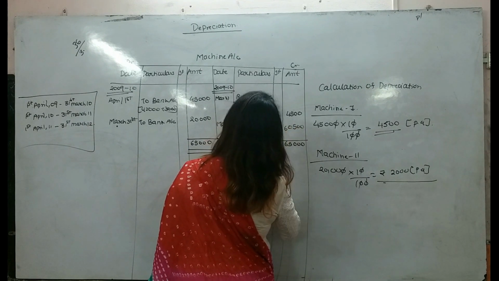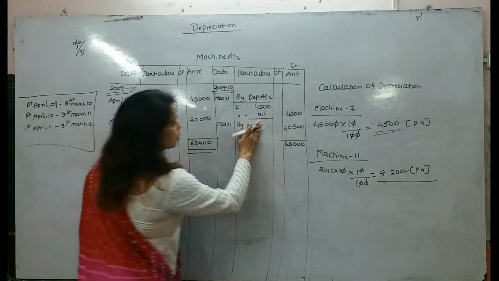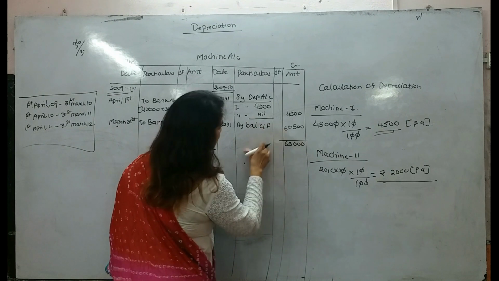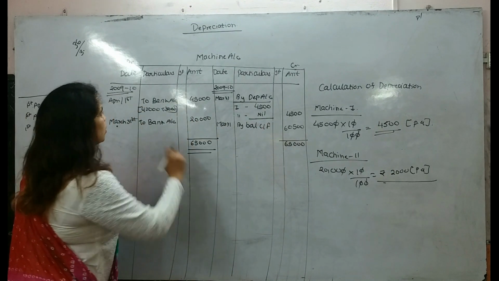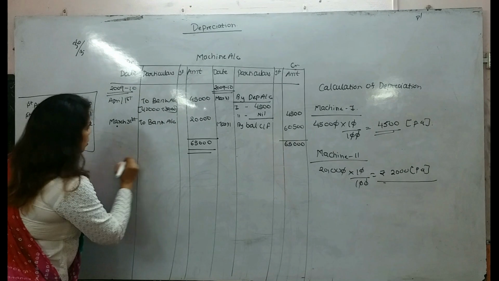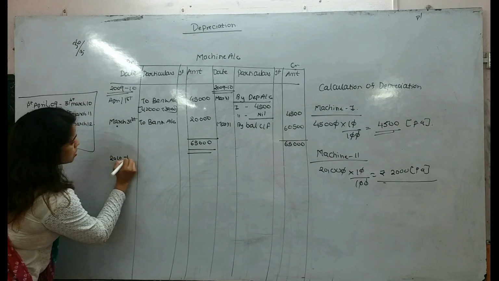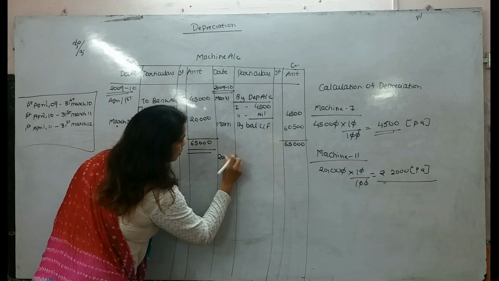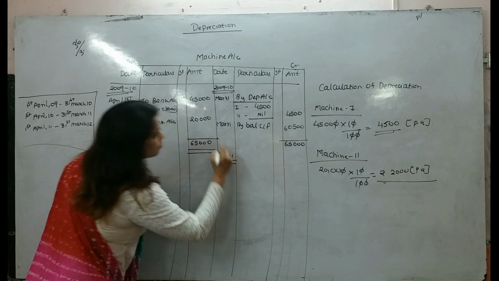This will become the balance carried forward, 60,500. Okay, see now next year, 2010-2011. First year is over.